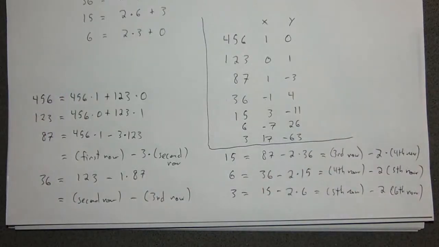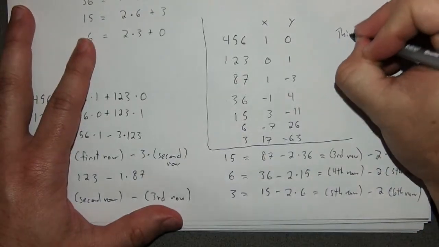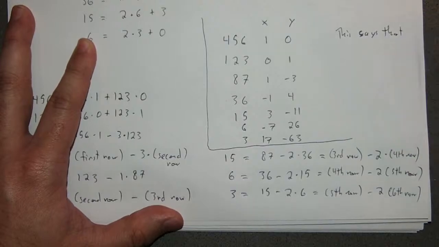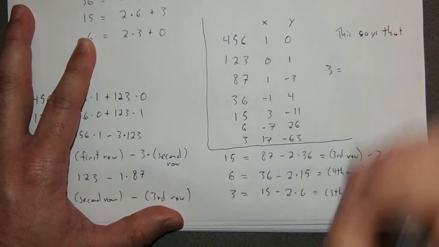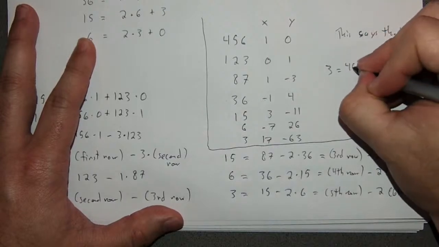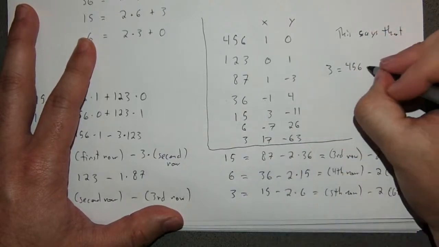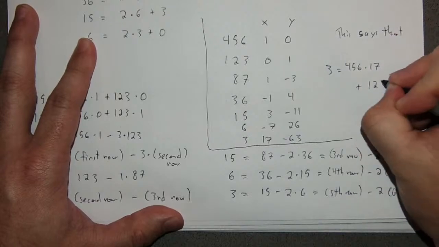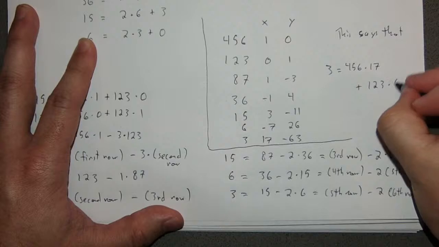Okay, so what does this process tell us? This says that 3 can be written as 456 times 17 plus 123 times minus 63.